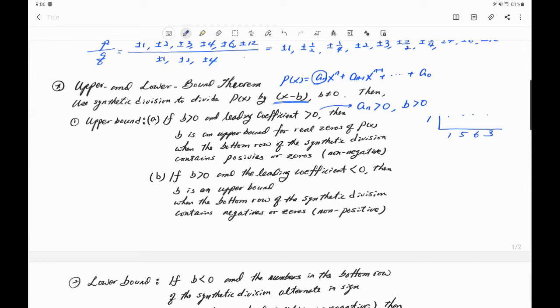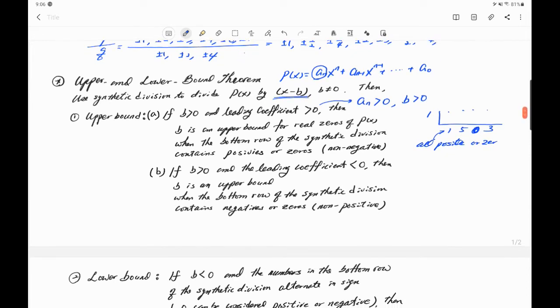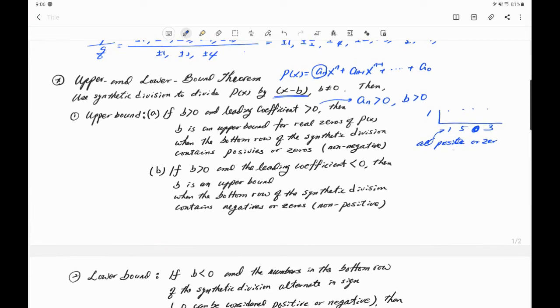So these are all positive, right? The last row is all positive, or 0. We may have a 0, we never know. So if the last row of the synthetic division is composed of positive numbers or zeros, then b is an upper bound. If you start from 1 and you get this, then 1 is an upper bound.